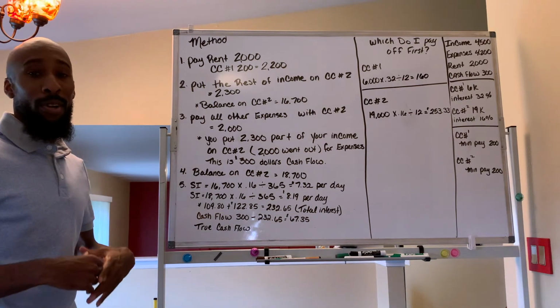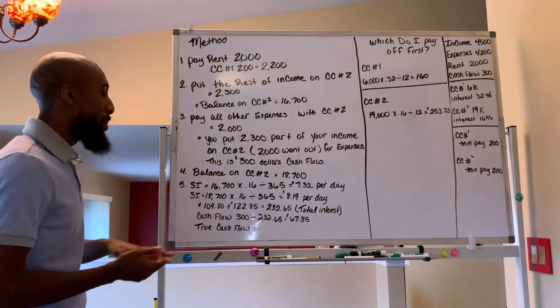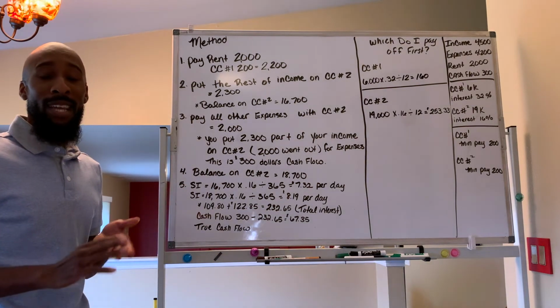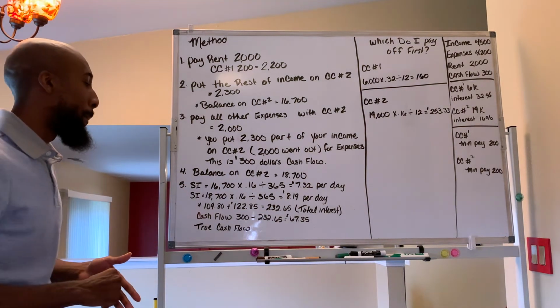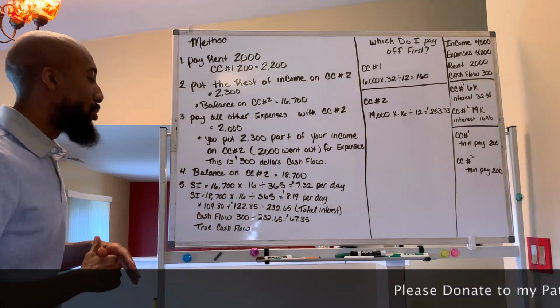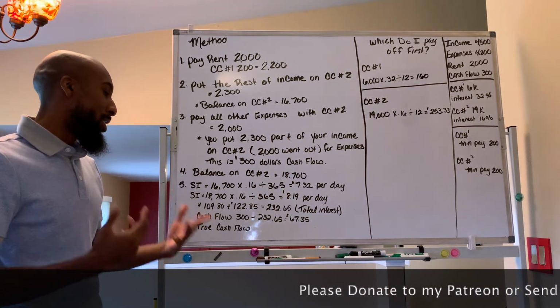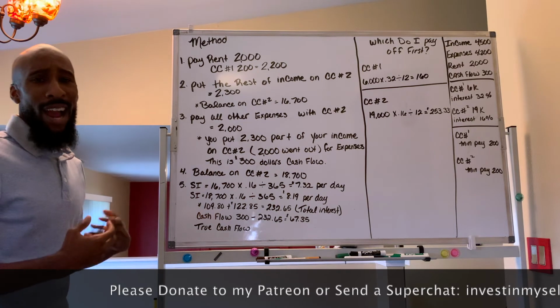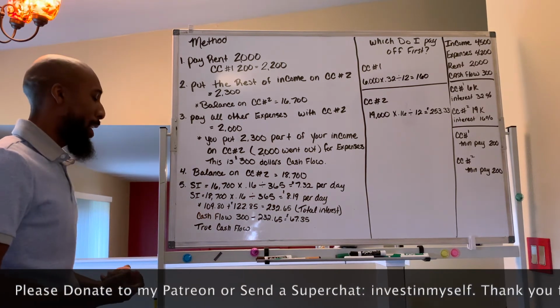Because we're going to pretty much just imagine that half the time the balance was $16,700. The other half of the time it was $18,700, right? We total that up. The interest being charged is $232.65.